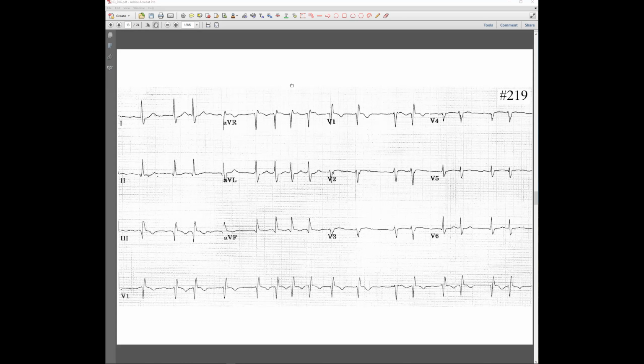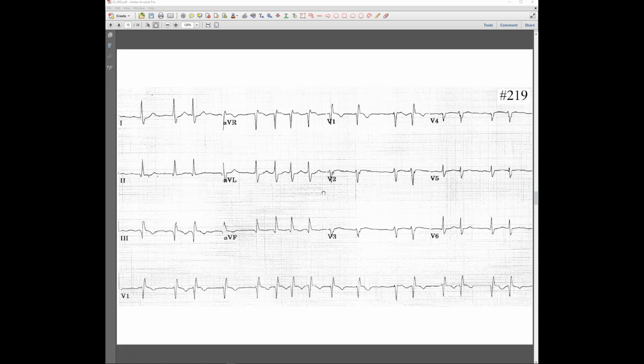Okay, go on. We don't need to talk about the P wave or the PR interval. We have to jump on the QRS complex. Is it wide or not? I think it's normal, it's not wide. Very good.